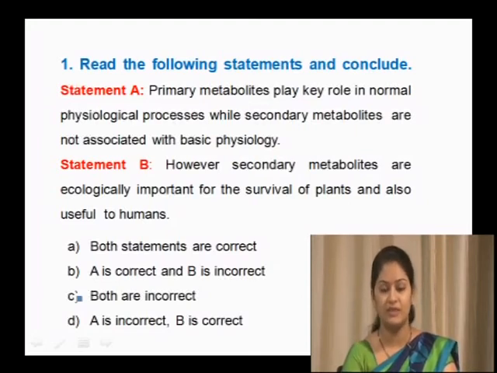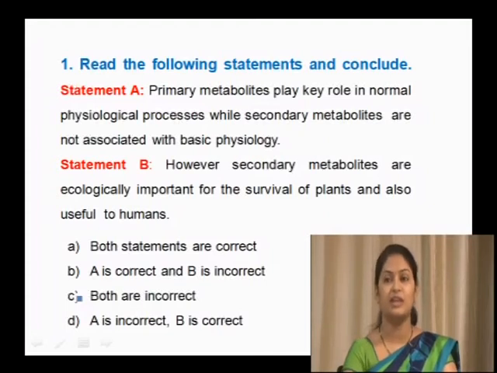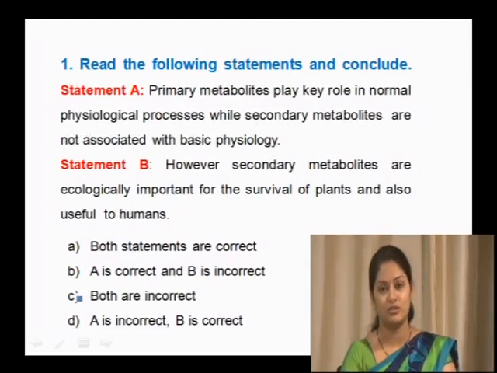Let me give the clarification. Primary metabolites are the chemicals which are very important to carry out the very basic functions of a plant body. Secondary metabolites are the derivatives of primary metabolites and they carry out specific functions in the plant body, like providing protection or avoiding predators, grazing animals or different kinds of infections.